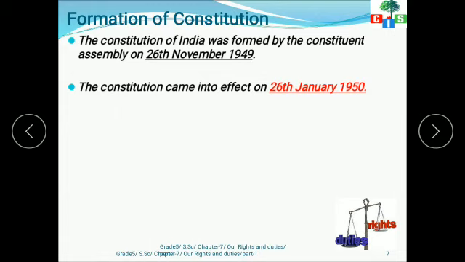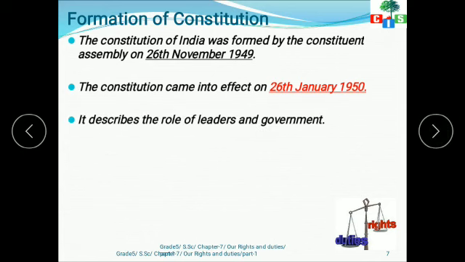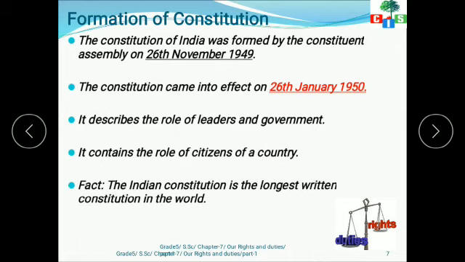You must remember both dates. It describes the role of leaders and government, and it contains the role of citizens of a country. And do you know, children, the Indian Constitution is the longest written constitution in the world.